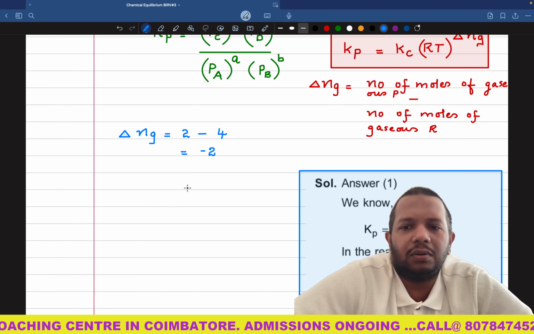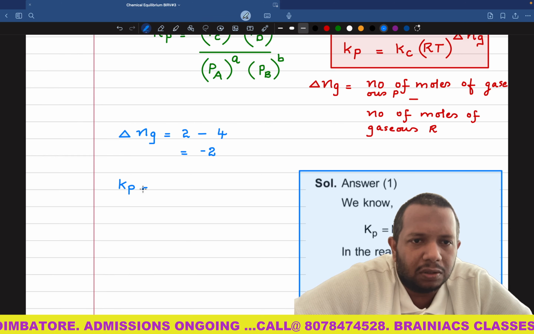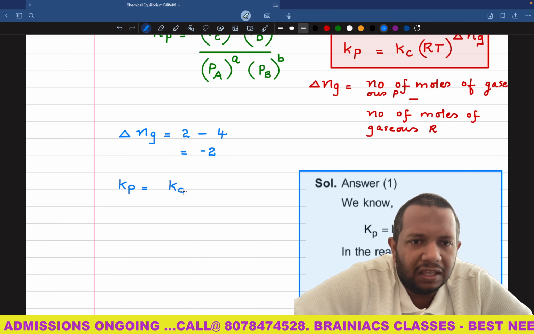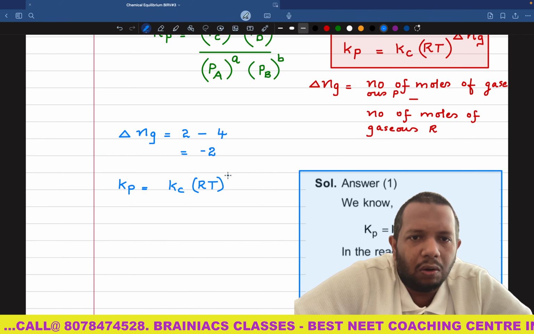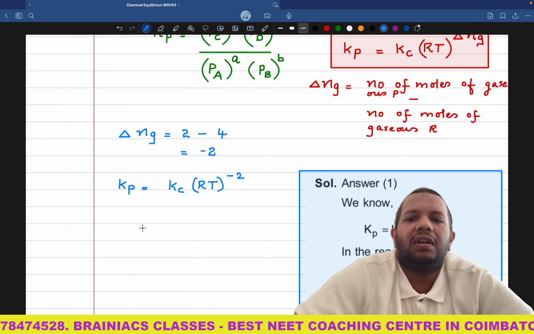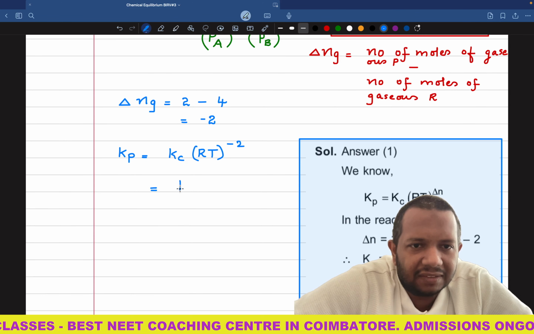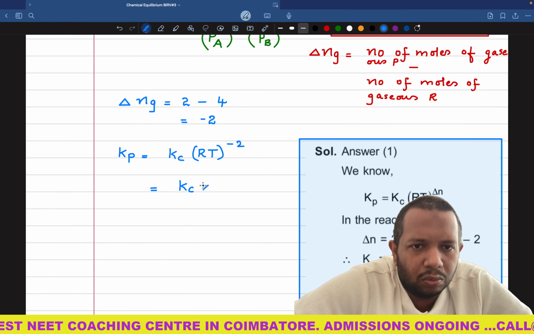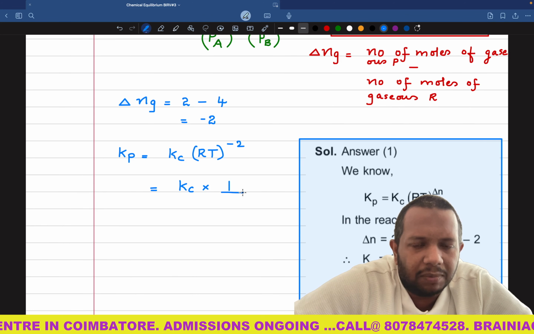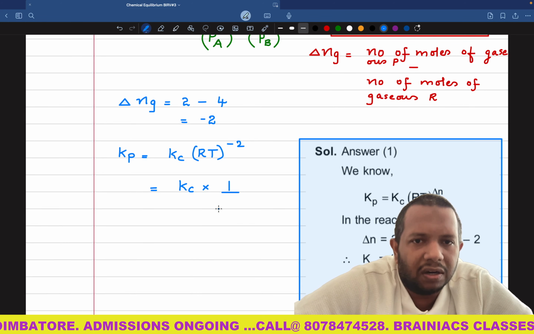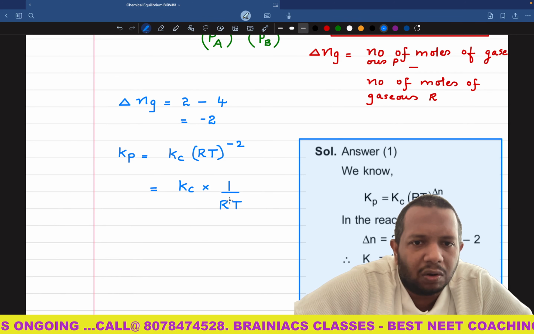Now you can substitute here. So Kp is equal to Kc times (RT) whole raised to minus 2. Now how can you write this further? You can write it as Kc times 1 divided by (RT) the whole square.